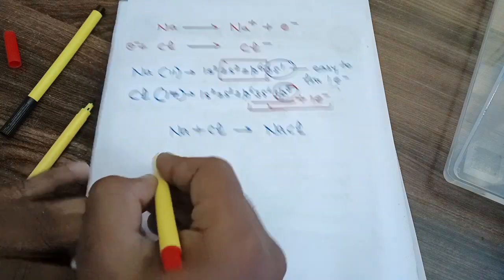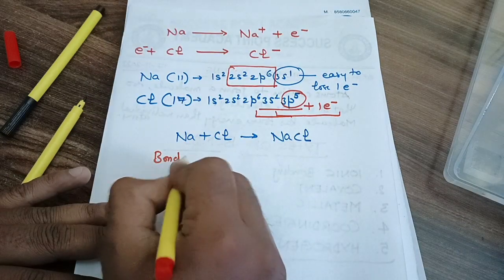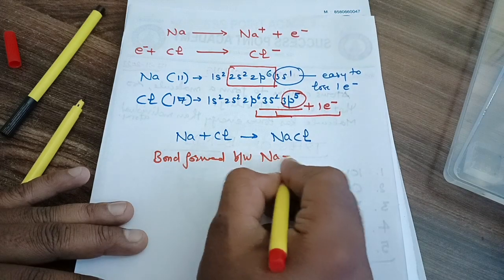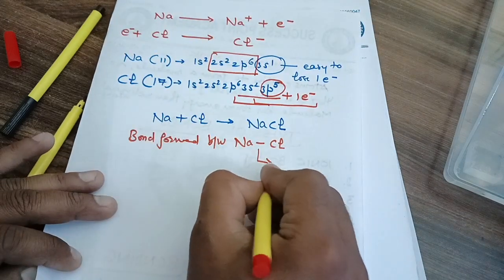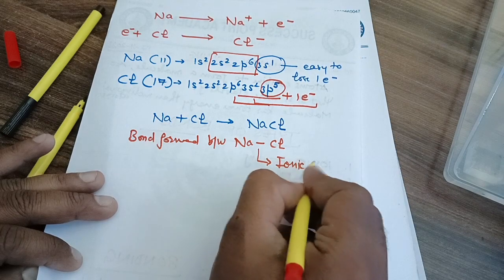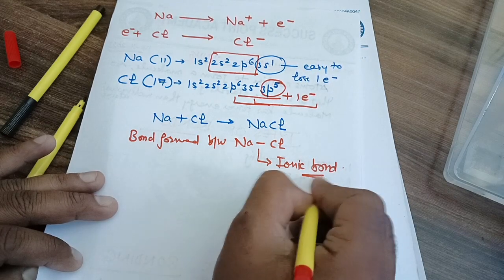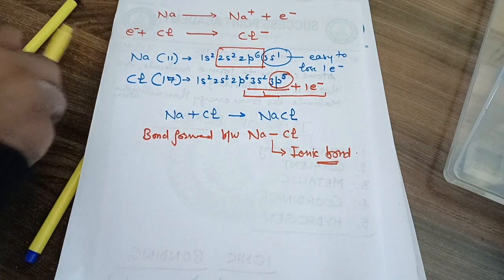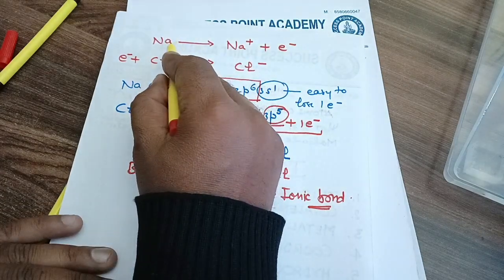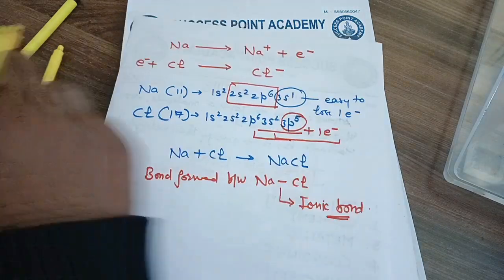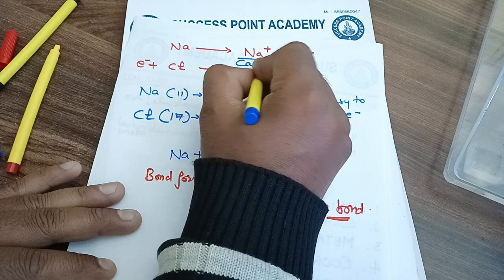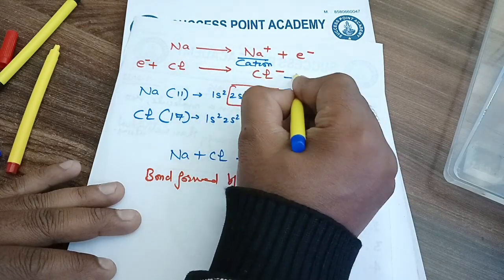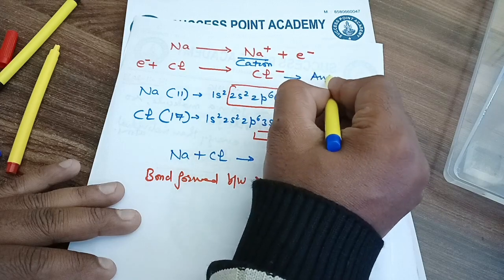So the chemical bond formed in NaCl is an ionic bond. This is called an ionic bond. So you should remember, when sodium loses an electron it becomes a sodium cation, and chlorine receives an electron and becomes a chloride anion.